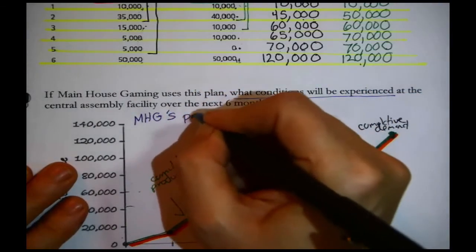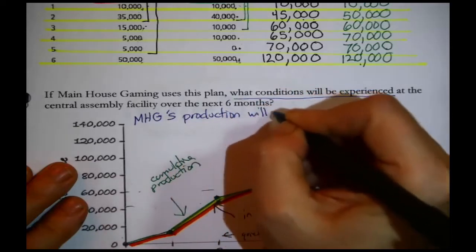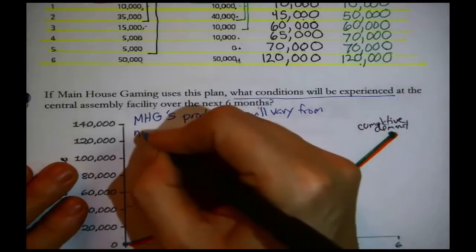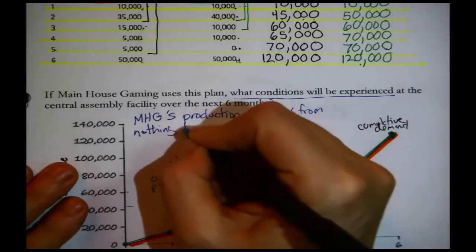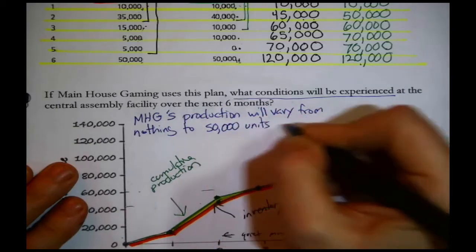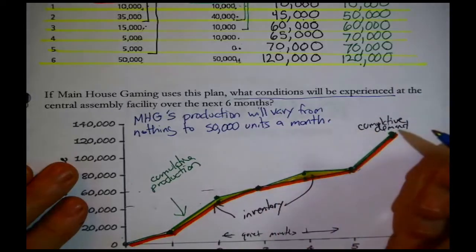Their production will vary from nothing to 50,000 units a month. Okay, that's just like a lot of variation.